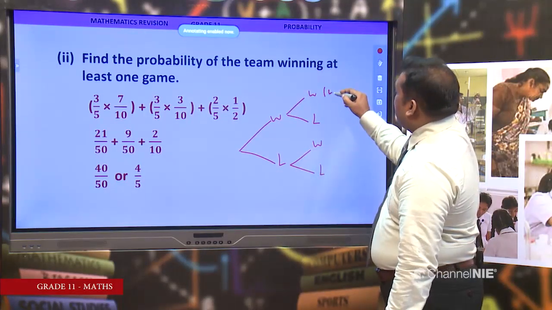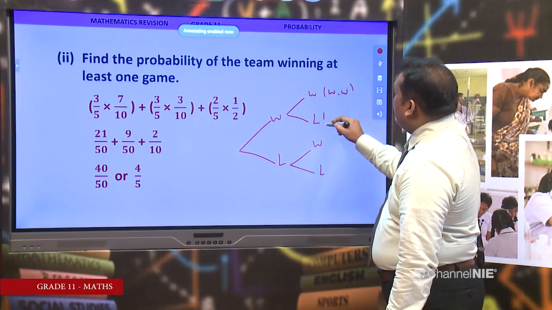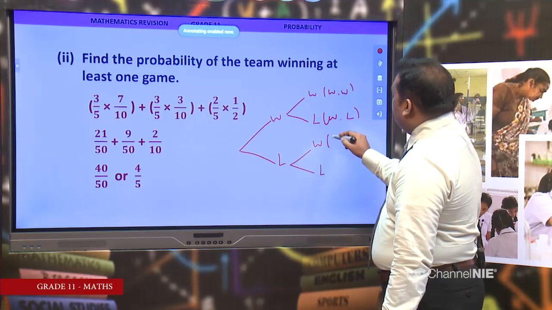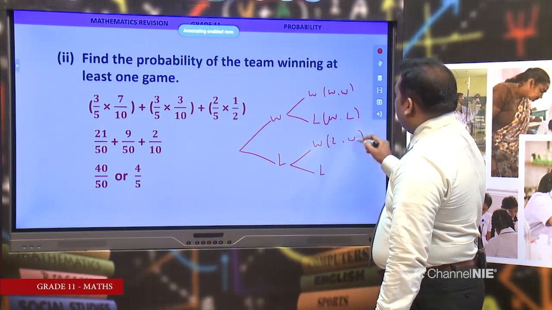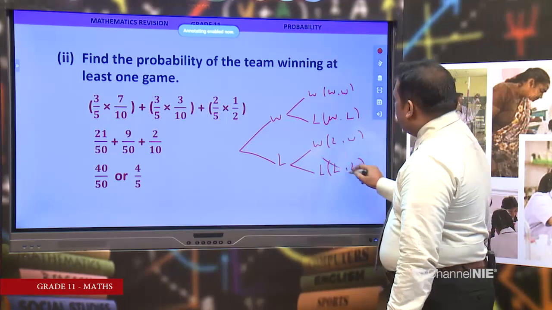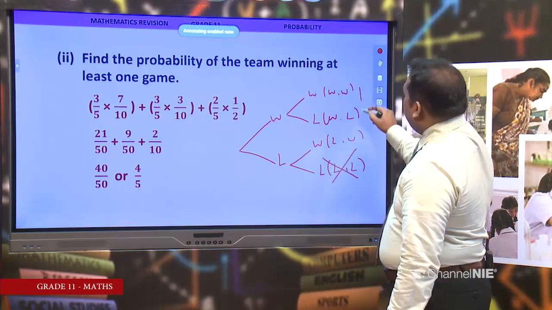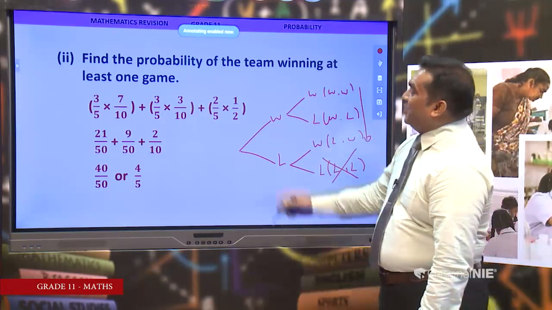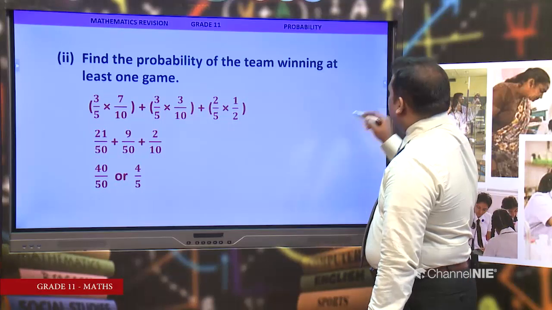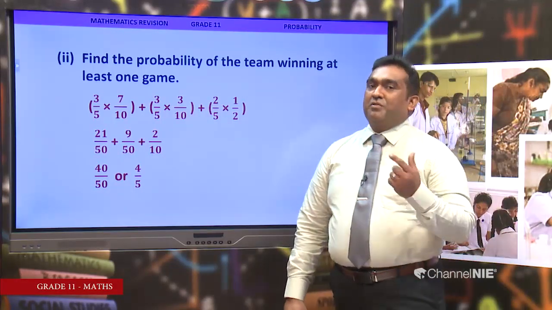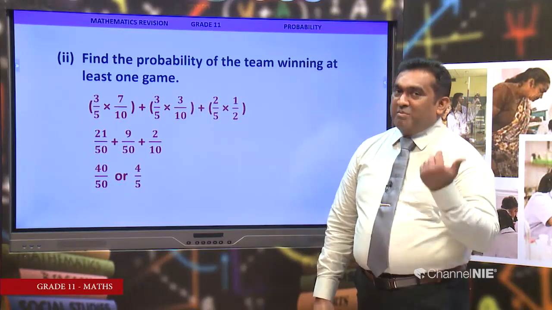It means this probability WW, here W, L, here LW, here LL. Without considering this event, we considered all these probabilities. That is what you can see here. Both are correct. Complement of an event, remember it.